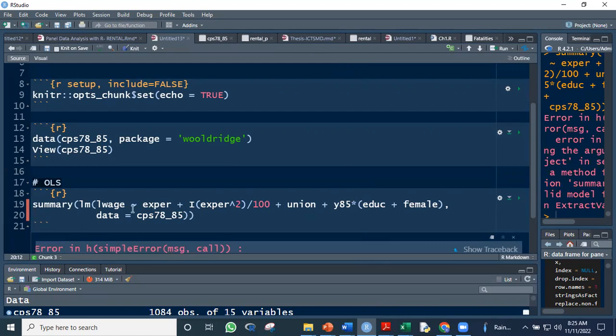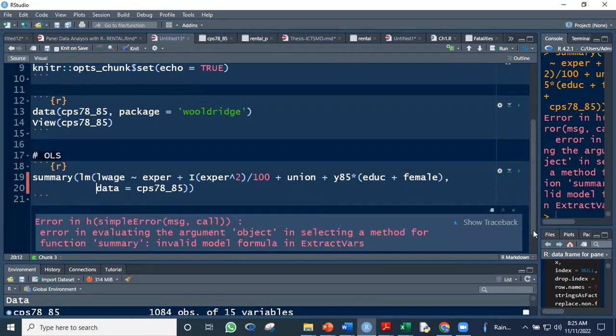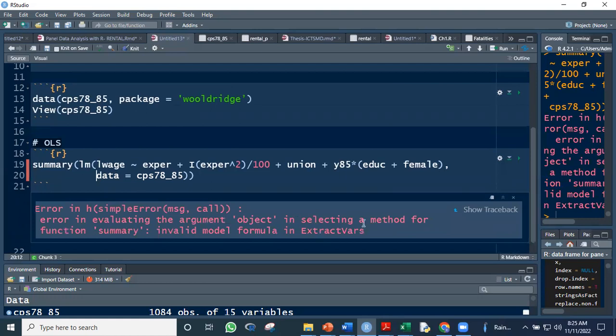Ano nangyari? May kulang ba ako? Error in extracting variables. Could you help me, class? Let's check kung ano yung mali ko dito. Ay, mali ito. Sorry. Yung transformation natin dapat sa loob. Sorry, class, no? Ito yung transformation natin, experience squared over 100.